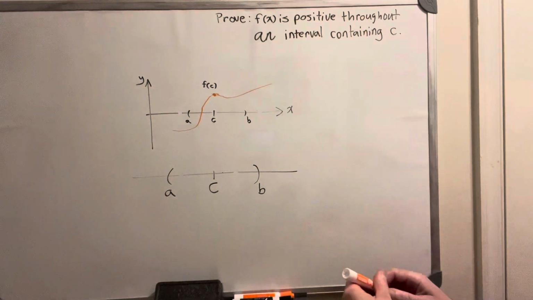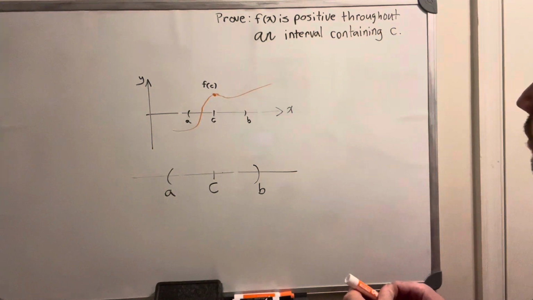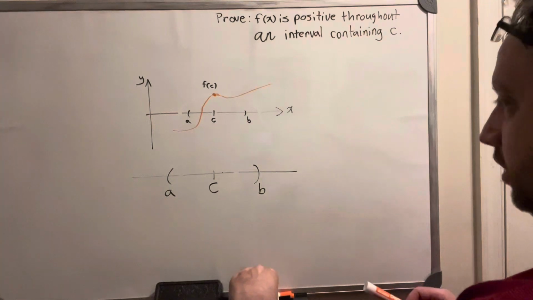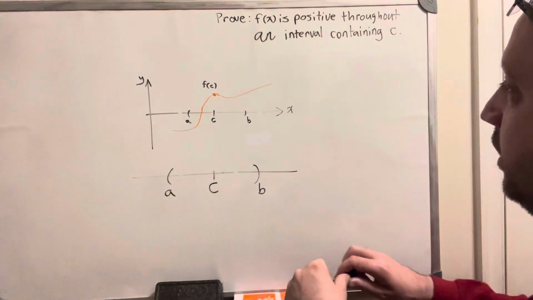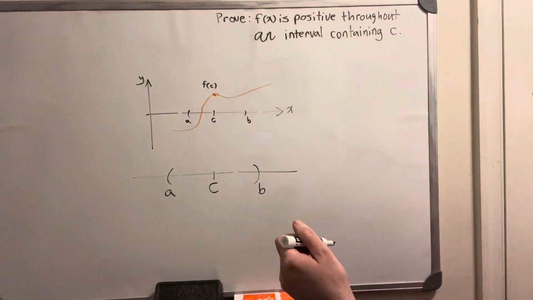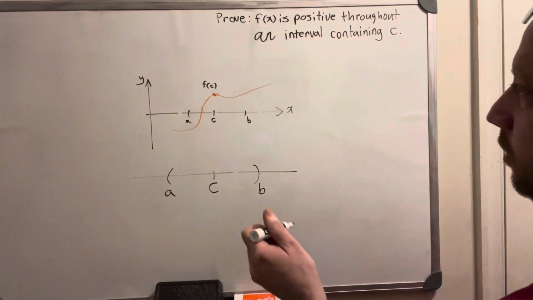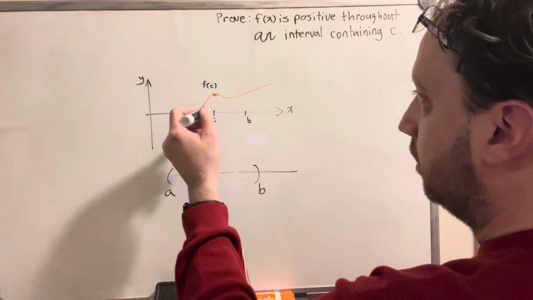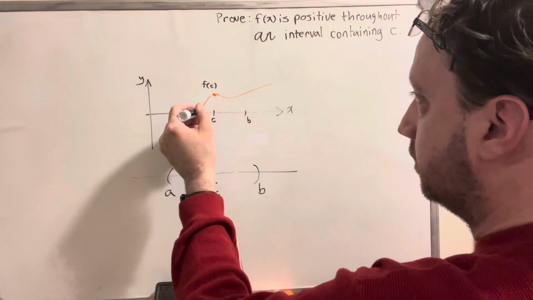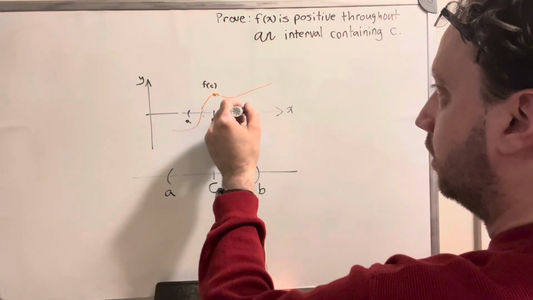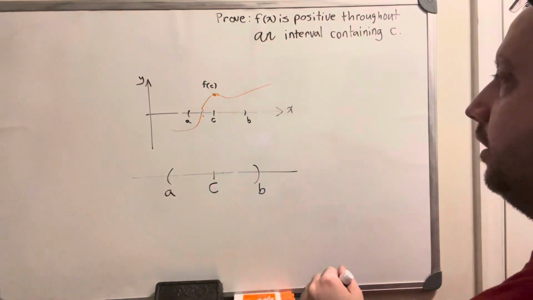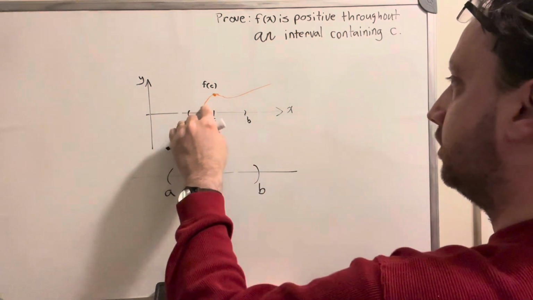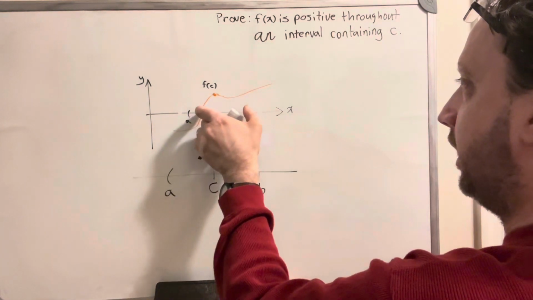Can you see an interval containing c over which f of x is positive for all the values? What about this? What about this interval? Okay, so it is. It's positive in that whole interval.